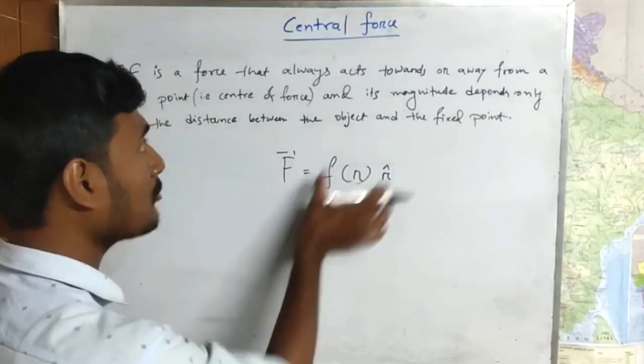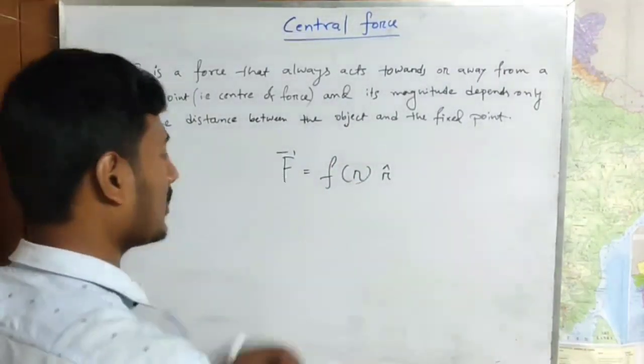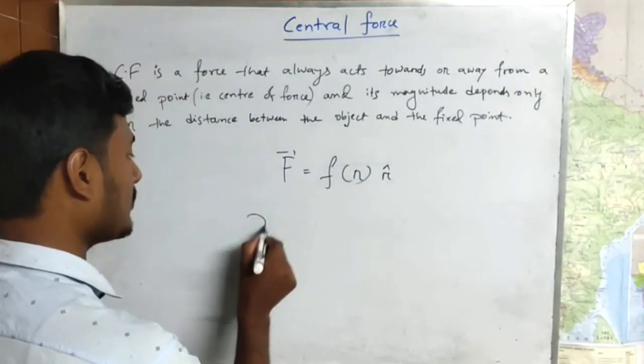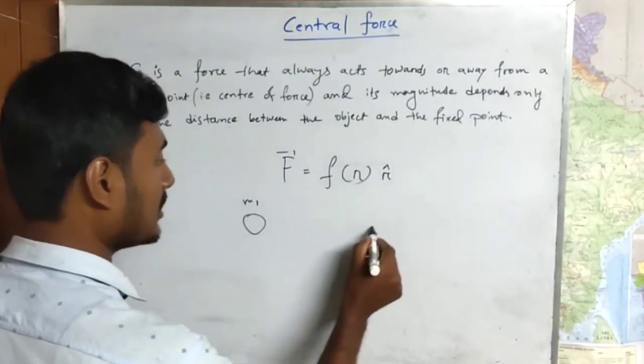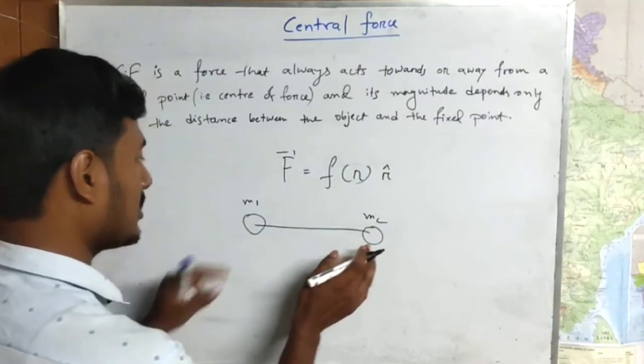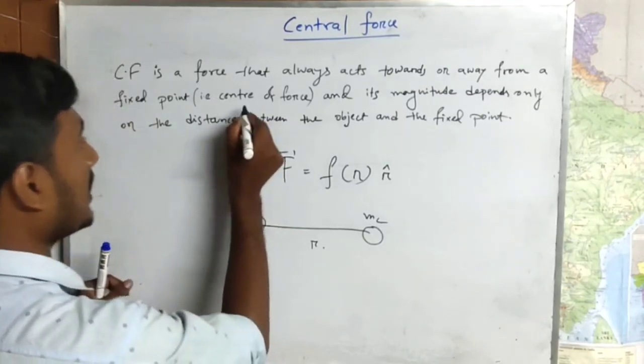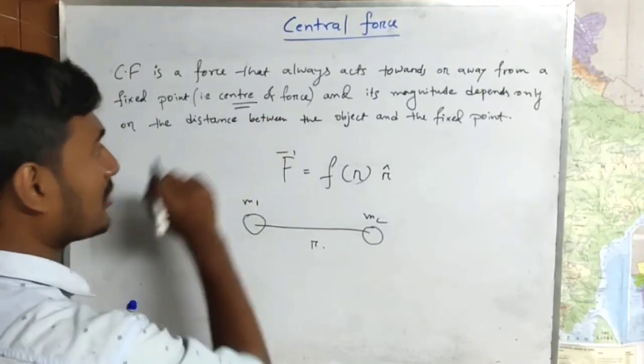Now let's see how central force works in the case of gravitational force. Let's say this is mass m1 and this is mass m2, and the distance between these two masses is r. One important thing here is the center of mass.